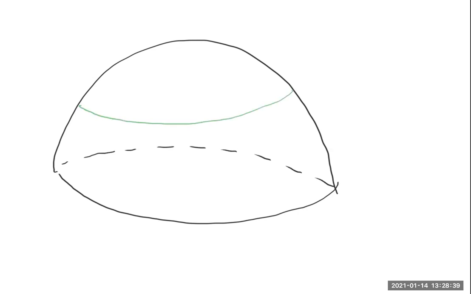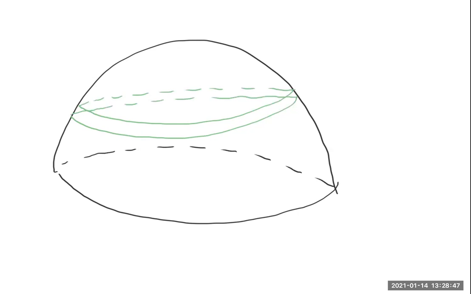You can say that this solid sphere is made up of disks.